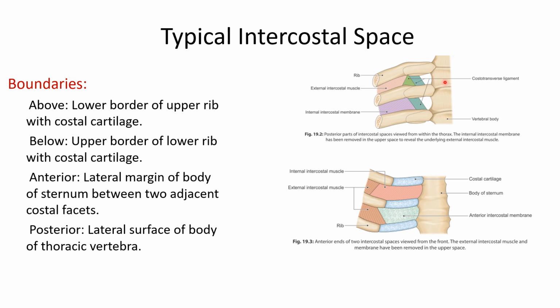So, the intercostal space is the space between the lower border of the upper rib with costal cartilage and the upper border of the lower rib with costal cartilage, and it extends anteriorly up to the lateral margin of the body of the sternum between the adjacent costal facets, and posteriorly up to the lateral surface of the body of the thoracic vertebra.